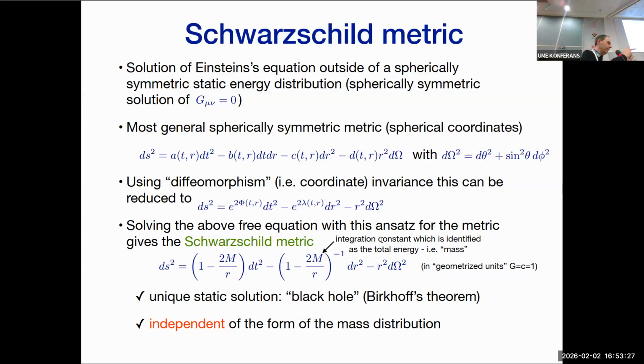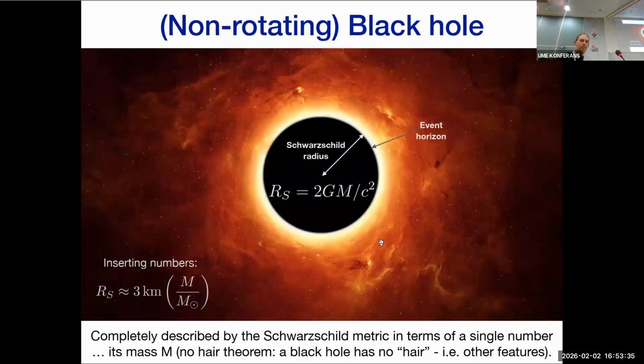And if the size of that object is smaller than its Schwarzschild radius, then you form a black hole. Right? Every system has a Schwarzschild radius in principle. And a black hole is a very simple object. In this simple approximation that it's static, it's described by a single number, its mass, its total energy. That's all there is.